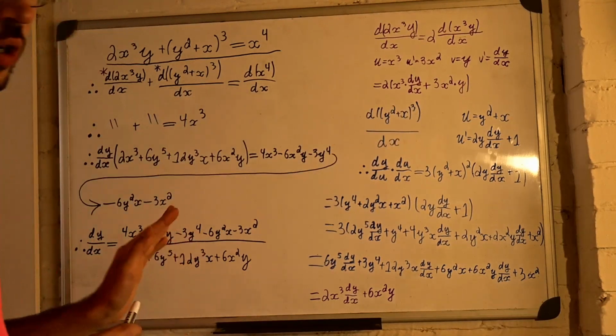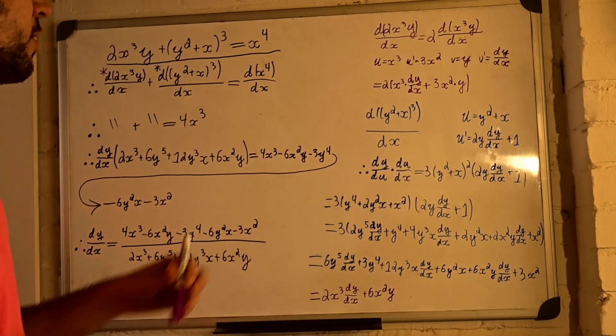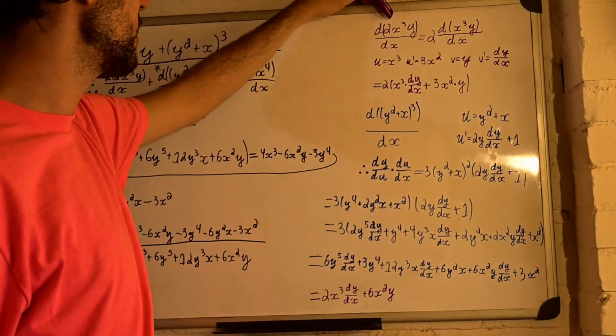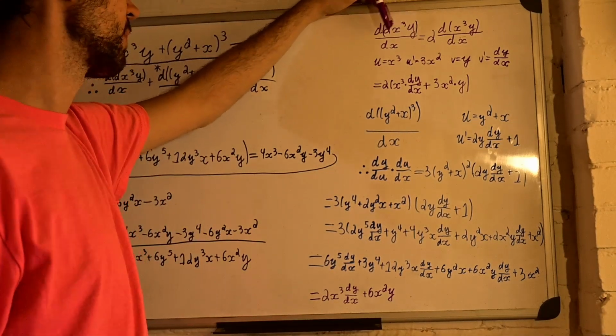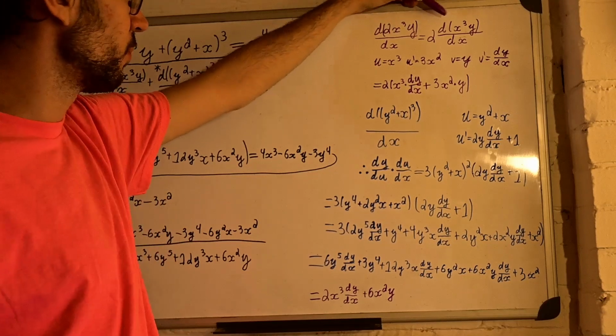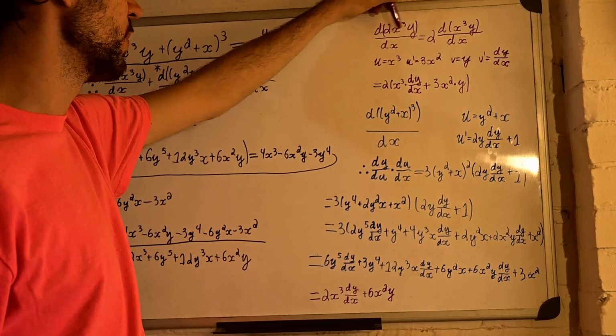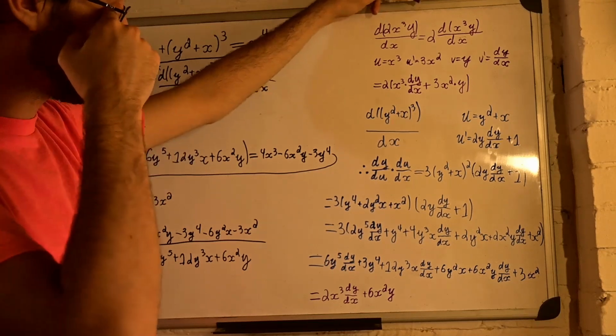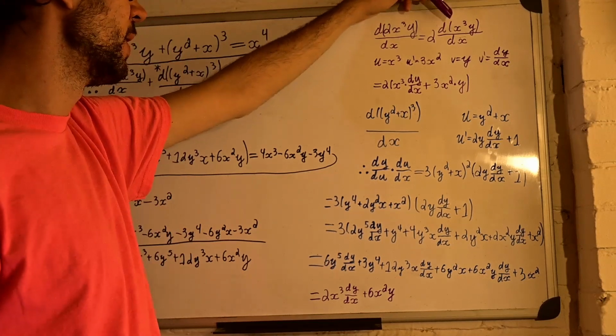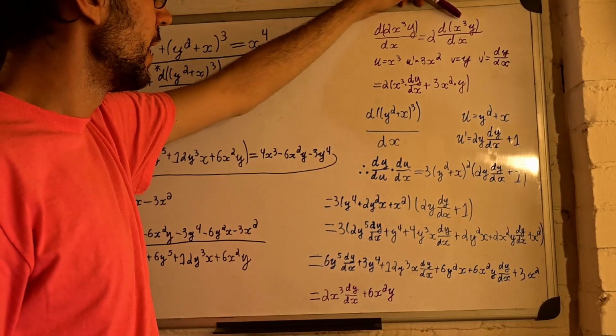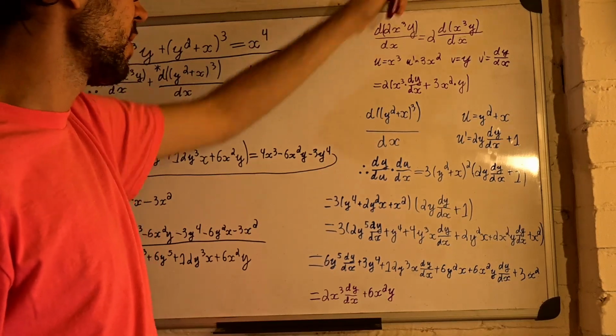So we're going to start by just looking at that. So we have the derivative of 2x cubed times y. First thing we're going to do, we're going to pull the 2 out, right? Because the 2 is a constant before the actual variables. So you pull it out to the start. So you now have the derivative of x cubed times y with respect to x.